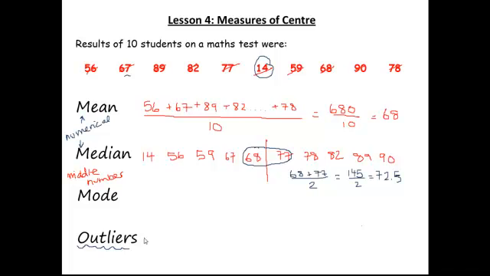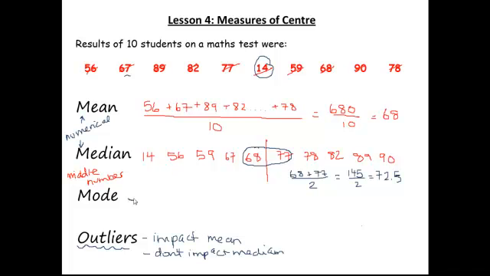So outliers have a big impact on the mean, but they don't really impact the median so much. So that might be a reason for choosing to use one calculation over another, okay?